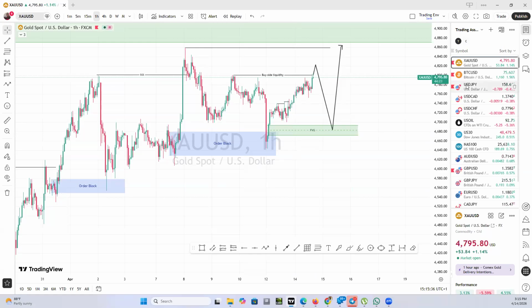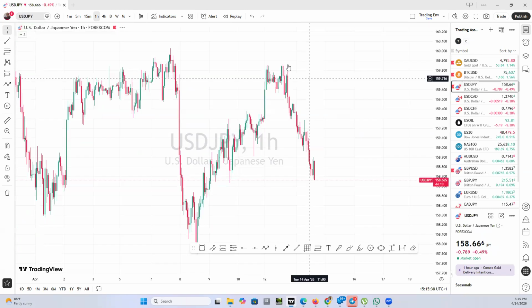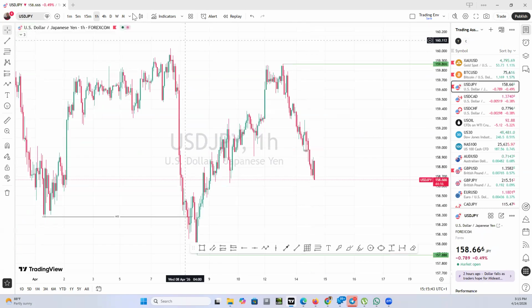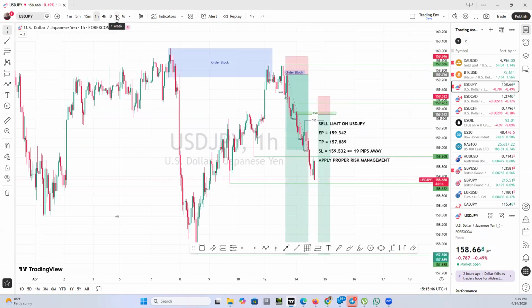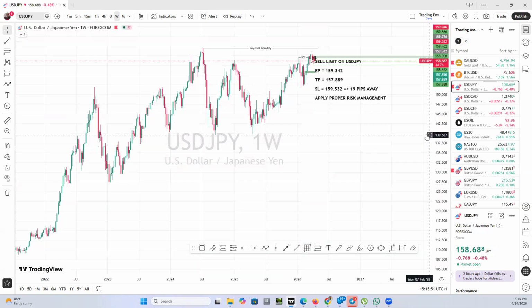Then on USD JPY, let me show you what I did there. If you go back to the same weekly time frame, I know this buy side liquidity is the target here.